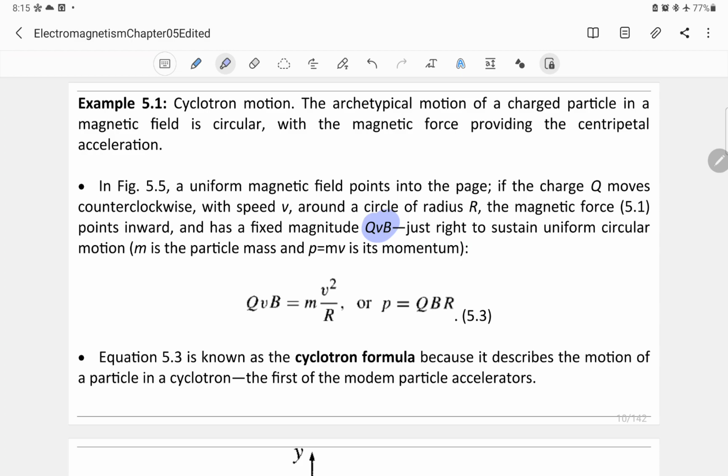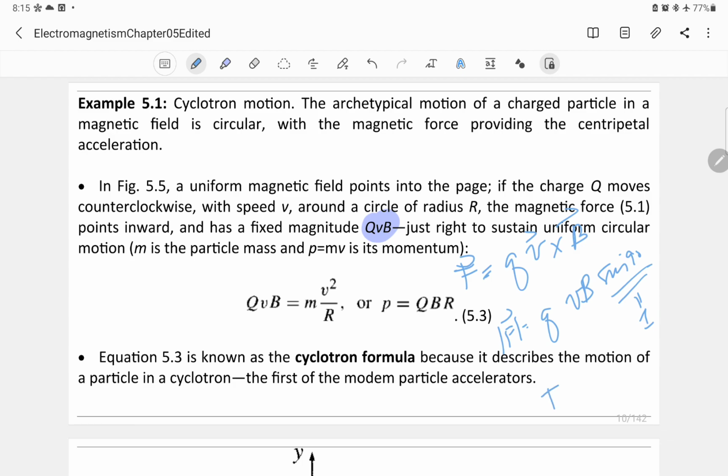QVB, why is that QVB? Because your force is equal to Q times V cross B, and the magnitude of force here is equal to Q times VB sine 90, because they are perpendicular, and sine 90 is equal to 1.